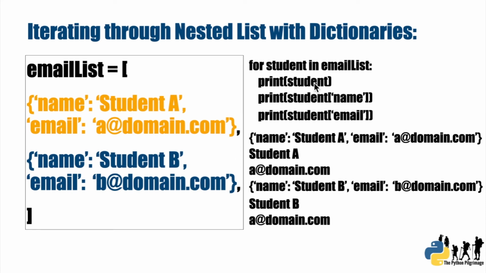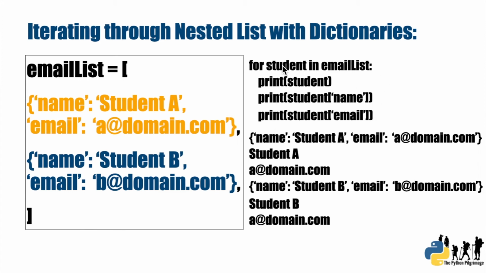If you print out student, you end up printing the whole dictionary, which is your first index anyway, and then printing out just the student name for that first index. You'll end up having student A, and then your email, so a@domain.com. So after that, it will iterate back to here.